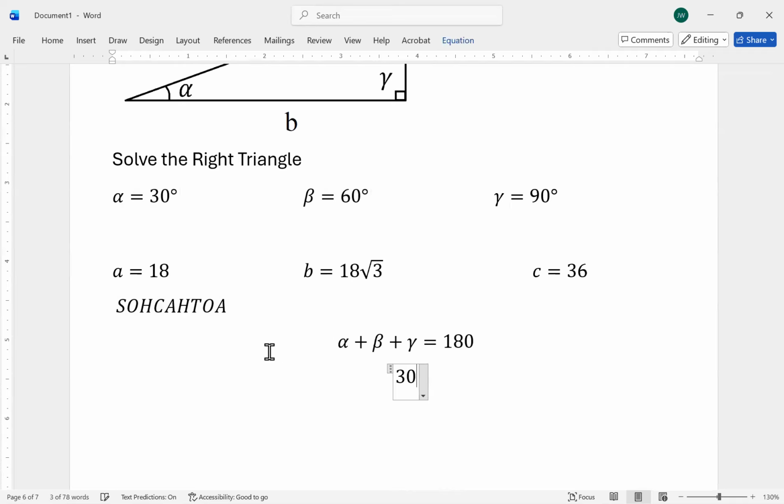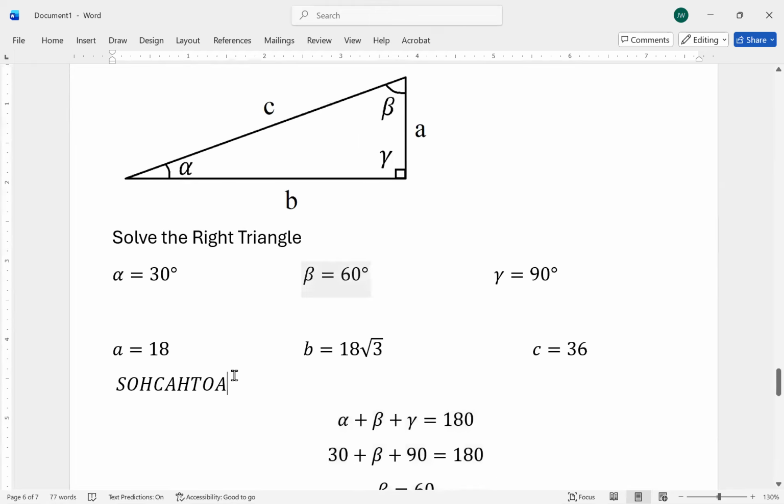So if I know that alpha is 30, I don't know beta yet, but I know gamma is 90. Subtracting 30 and 90 from both sides gives me a beta, which is 60 degrees. And now I have all of the information on this right triangle. I know all three angles, and I know all three side lengths.